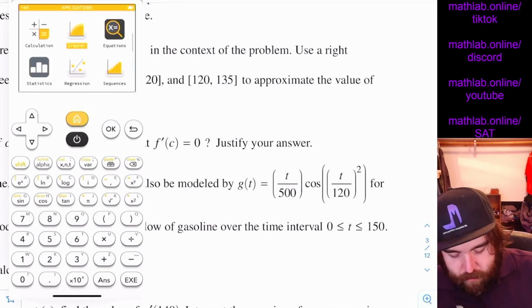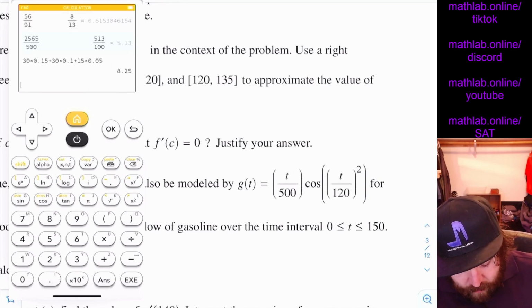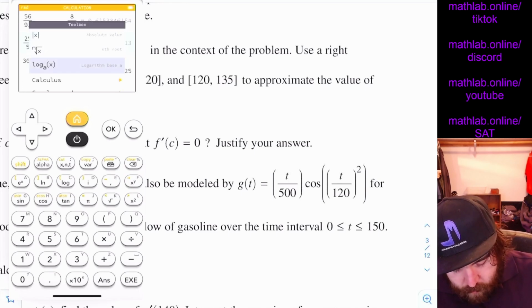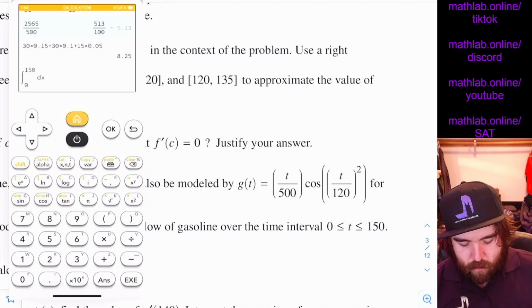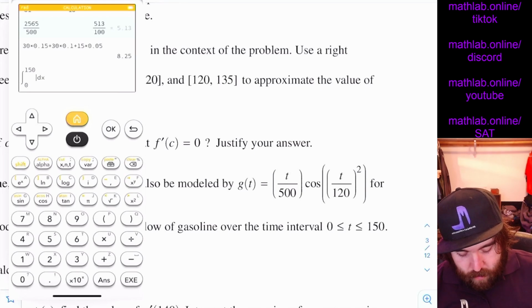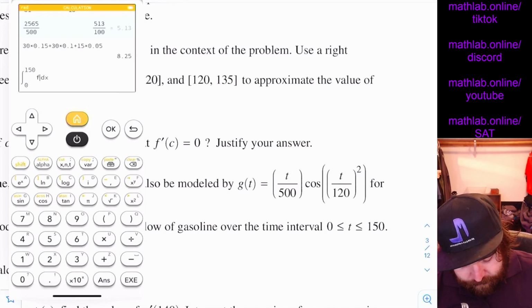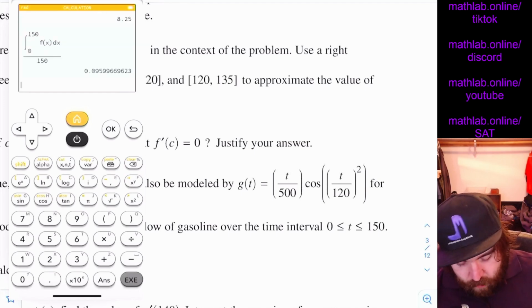We don't need to plot it. We need to come back to calculations now and do calculus, integral from 0 to 150 of alpha g, except I called it f. Oh my gosh. Alpha f of x divided by 150. Boom.